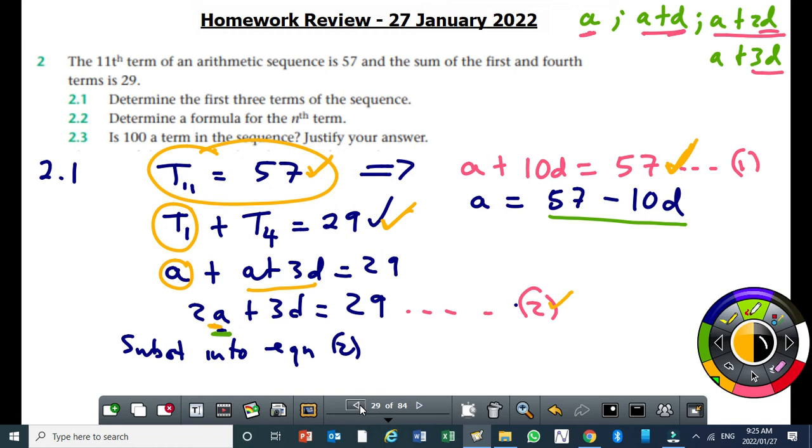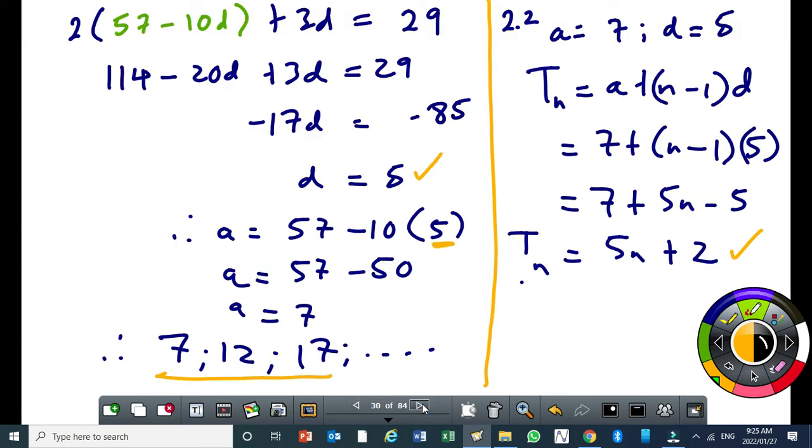Then you simplify until you get D equal to 5 and A equal to 7. Then you know that the first term A is 7.